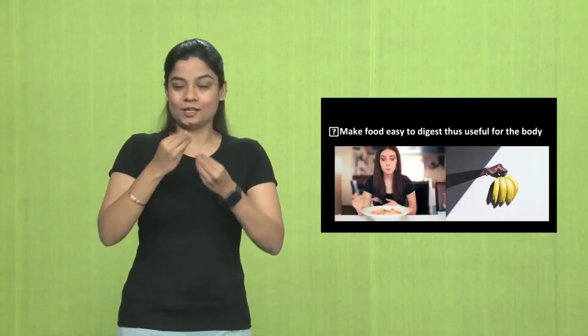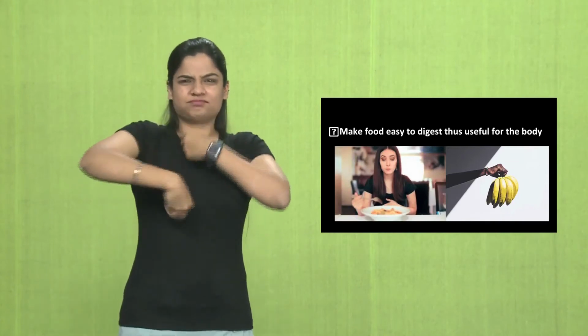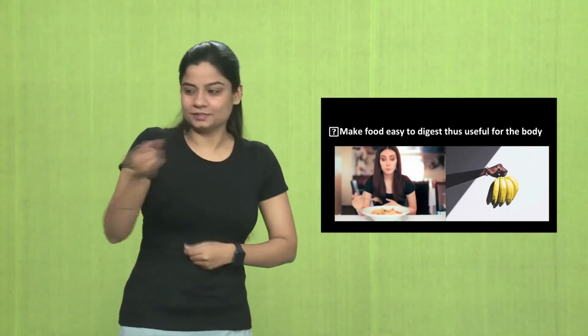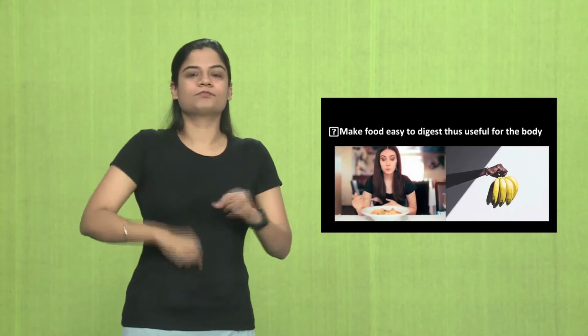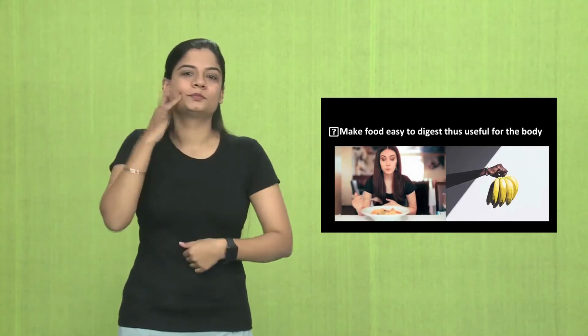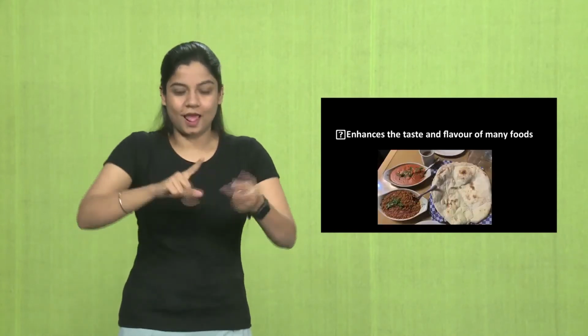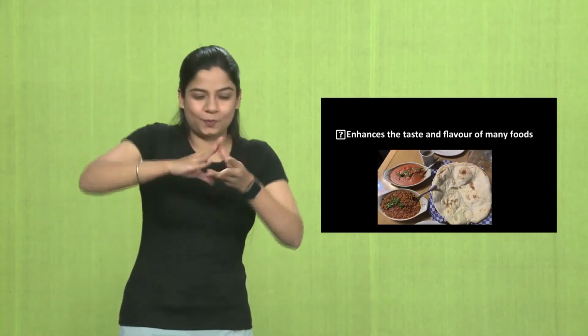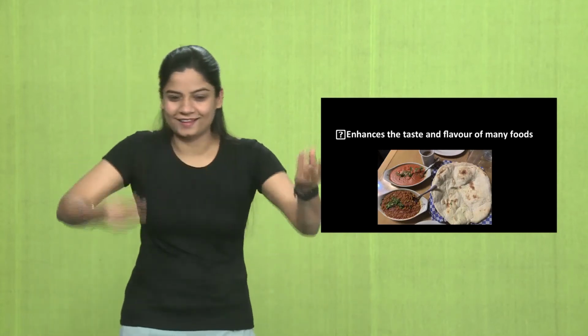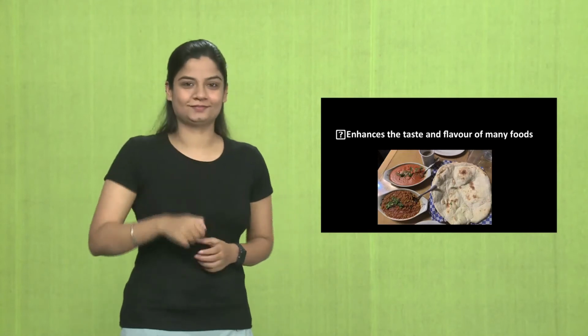We can't eat food which is not cooked because our digestion cannot take it. Hence, cooking the food is important for digestion as well. Cooking enhances the taste and flavor of foods and makes it edible.